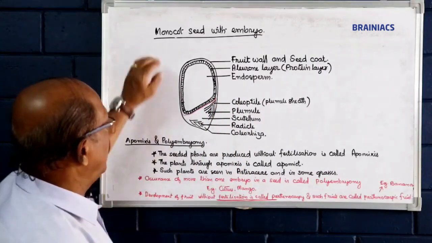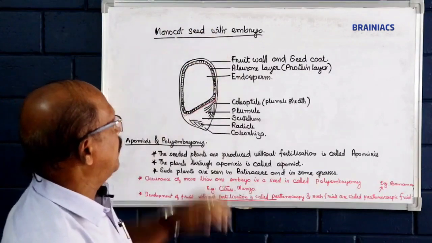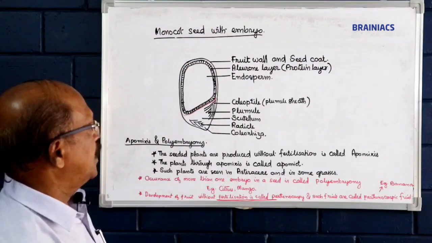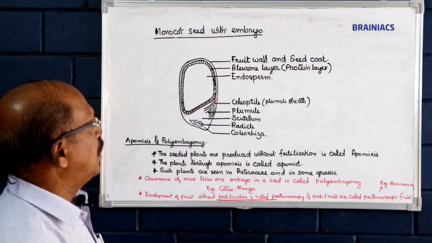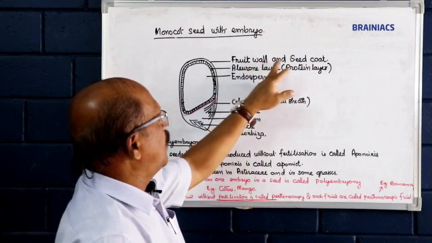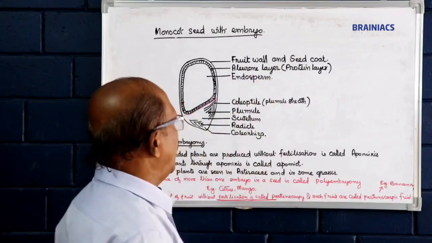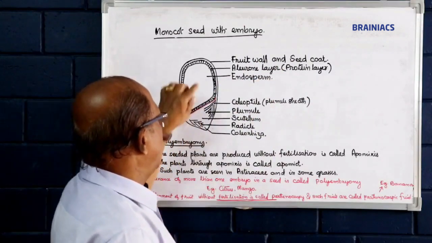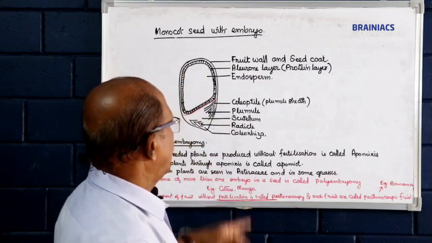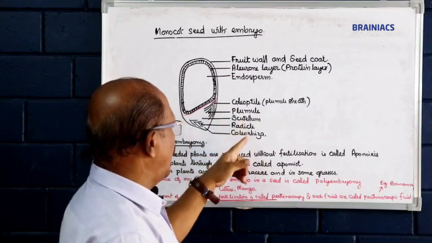So all of you listen. Monocot seed with embryo having fruit wall and seed coats, aleurone layer or protein layer, endosperm the edible part, coleoptile the plumule sheath, plumule, scutellum, radicle.